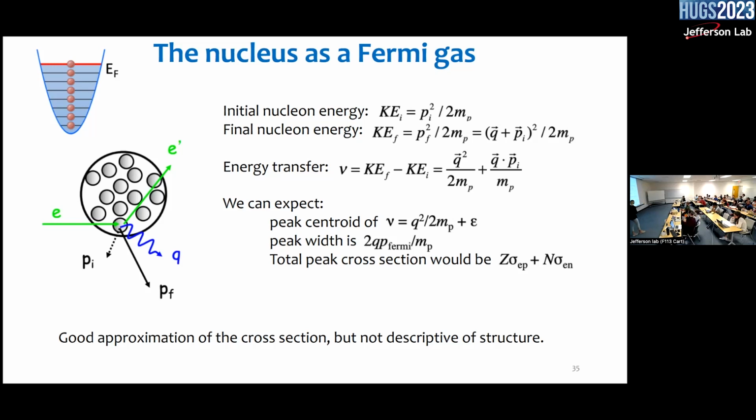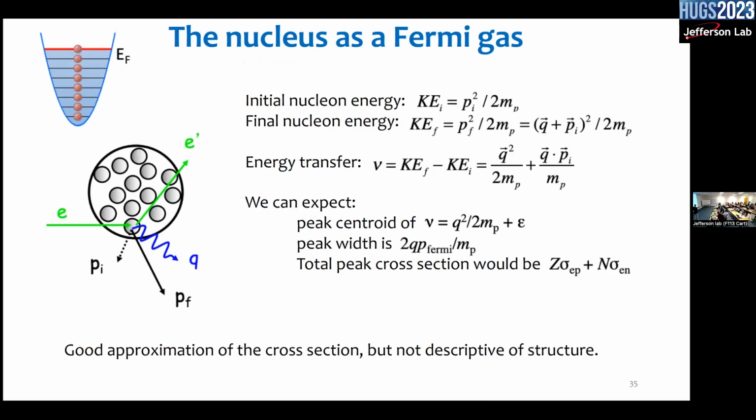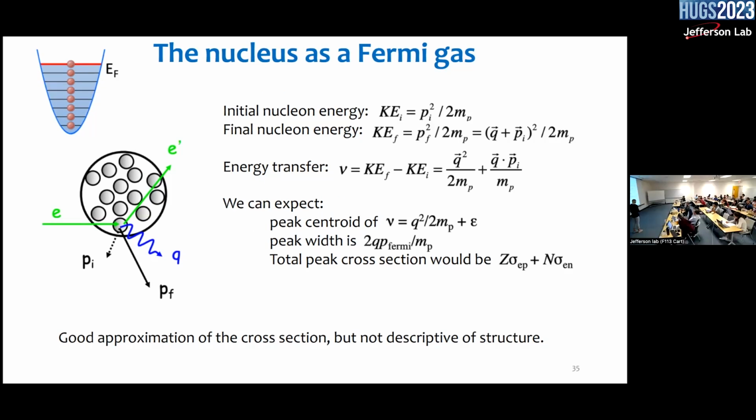So what we can expect: the peak centroid, when we scatter off of a system that's described as a Fermi gas, has this q squared over 2m plus some little epsilon factor, and we'll talk about what that is. But we get this term from up here, right? This epsilon factor contains what's happening from the Fermi momentum, whatever the particle is initially moving with inside the nucleus.